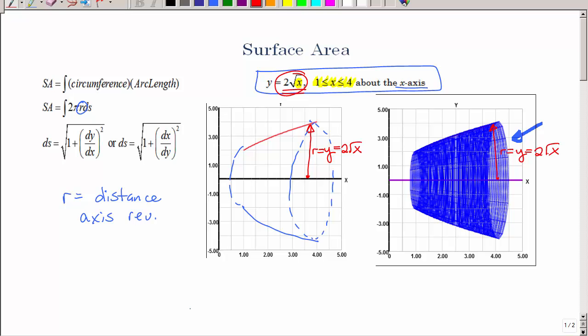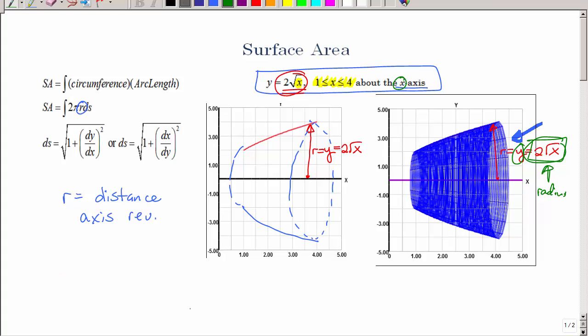If I'm going to use y as my variable, I'm going to use y as my radius. If I'm going to use x as my variable, I'm going to use 2 times the square root of x as my radius. That's my only choices. So since I'm going to choose x, I'm going to let this be my radius.